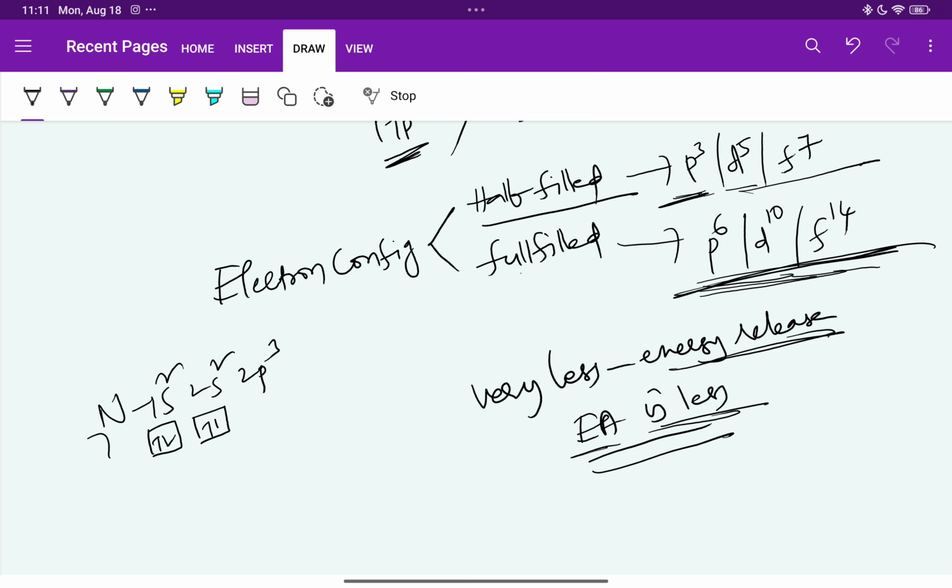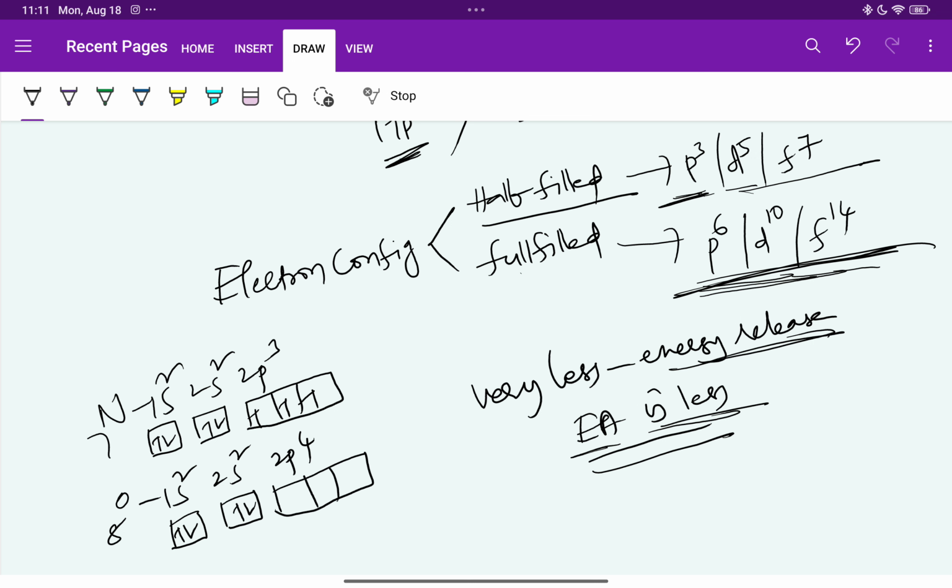Nitrogen is having half-filled p3, and if you take oxygen: 1s2, 2s2, 2p4. So here, there is no half-filled or full-filled configuration for oxygen. If you add an electron to nitrogen as well as oxygen, oxygen grabs the electron easily because it is not having either half-filled or full-filled configuration.